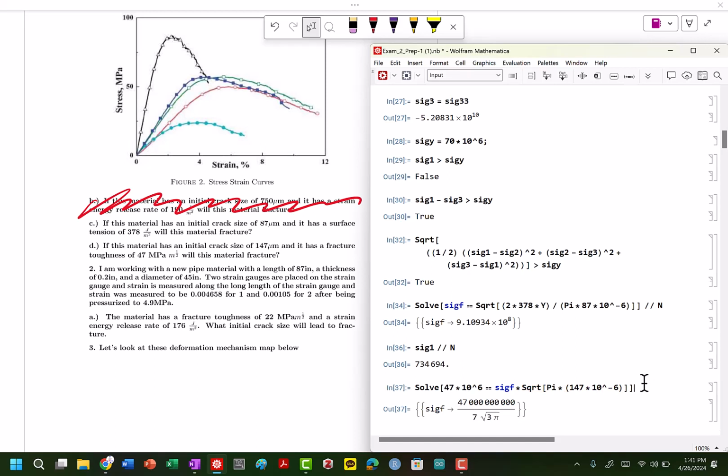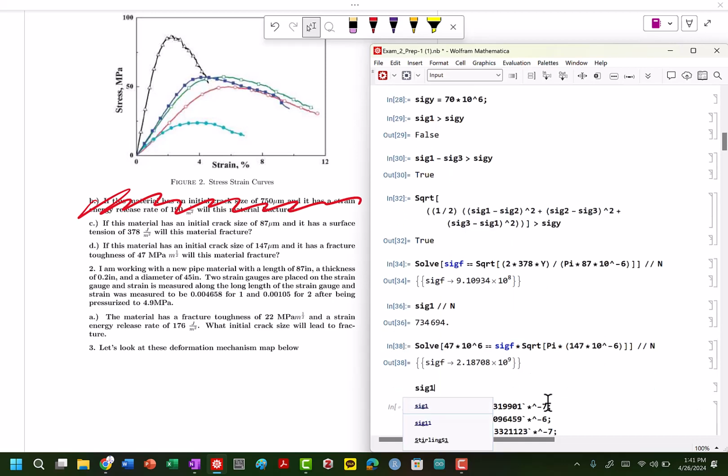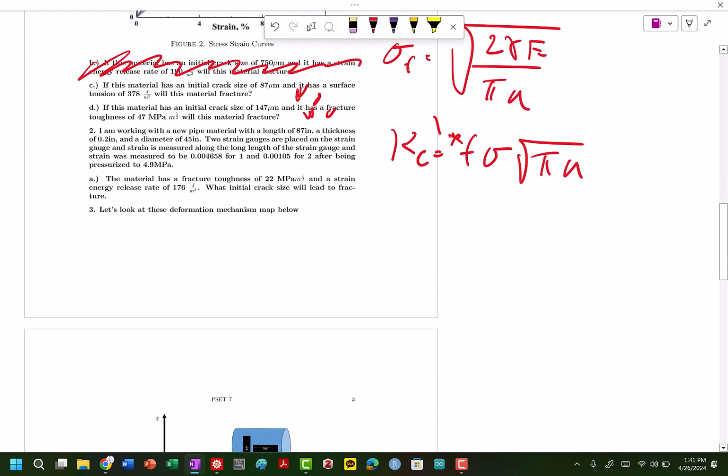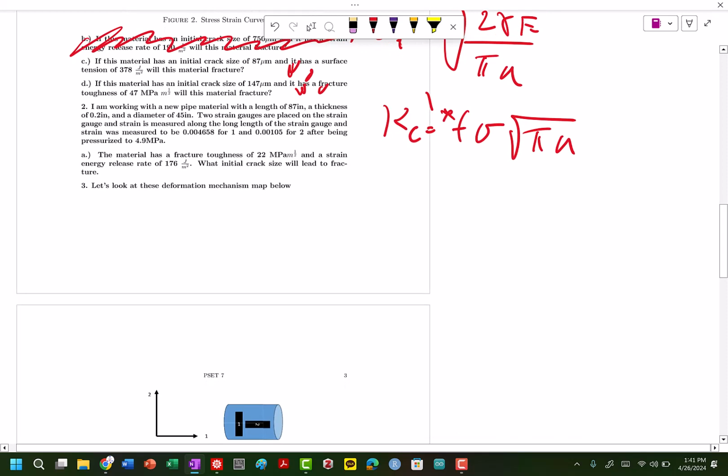Let's look at that numerically. Again, I don't think we're going to fracture, looking at the values that we have. No, so no crack, no cracking today.